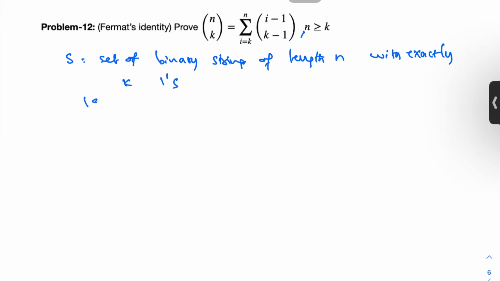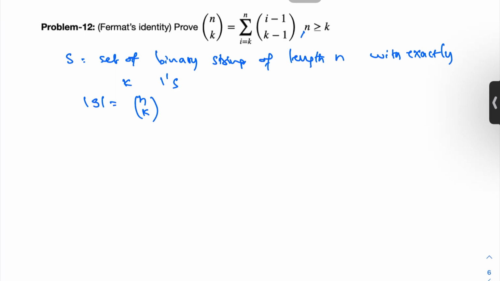The number of elements in S is n choose k.